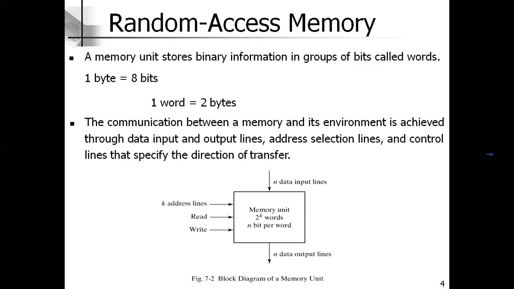The communication between memory and its environment is achieved through data input and output lines, address selection lines, and control lines that specify the direction of transfer. So this is the block diagram of memory unit.